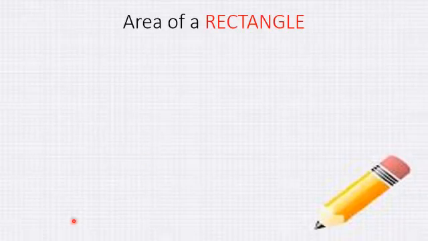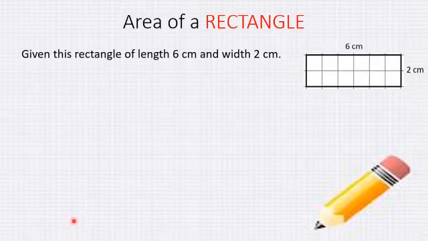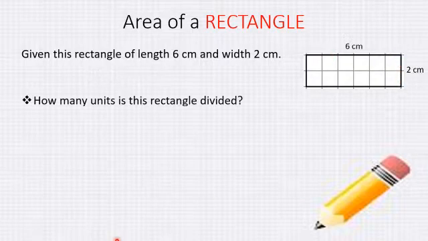As for the area of a rectangle, given this rectangle of length, this is the length, 6 centimeter, and this is the width, which is equal to 2 centimeter. How many units is this rectangle divided? Let us see. 1, 2, 3, 4, 5, 6, 7, 8, 9, 10, 11, 12. It's equal to 12 units.